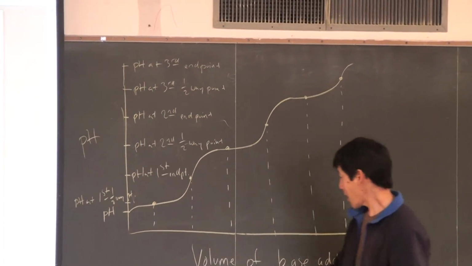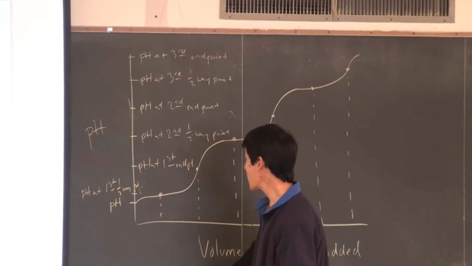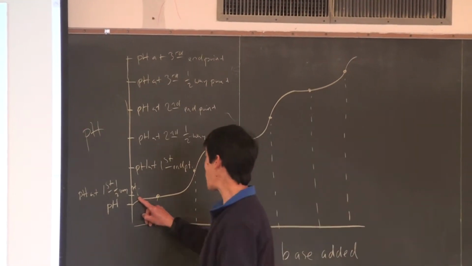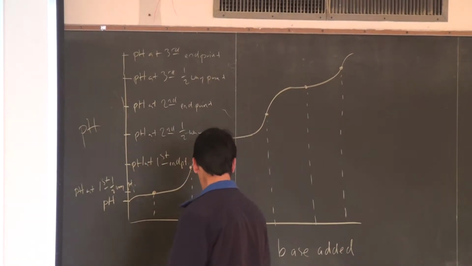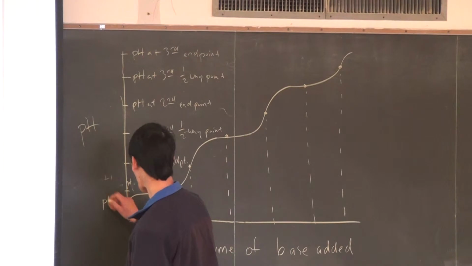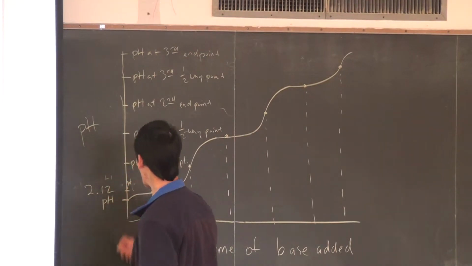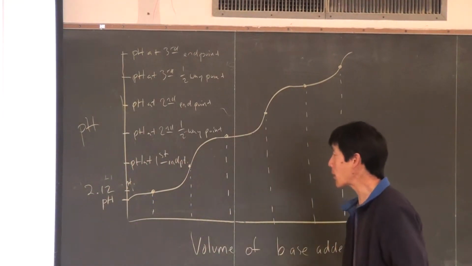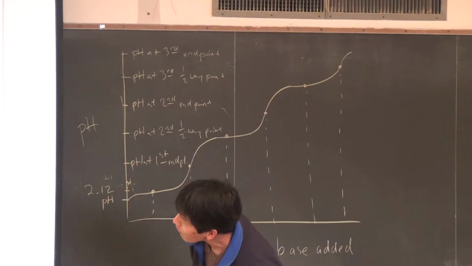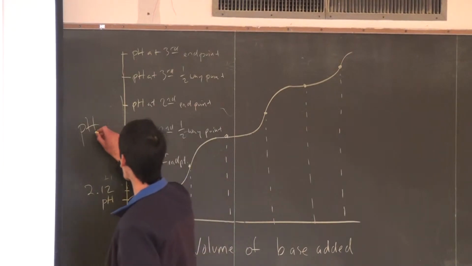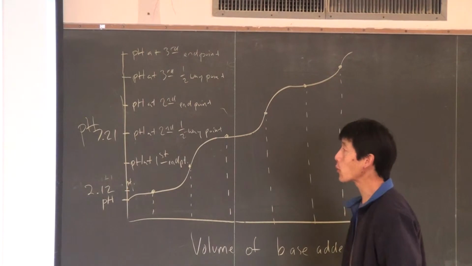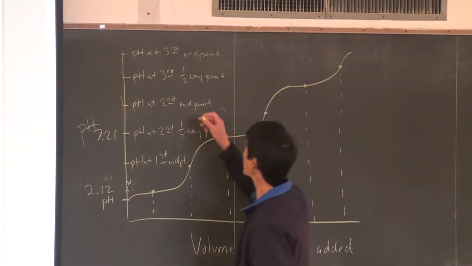At the first halfway point, the pH is equal to 2.12. At the second halfway point, the pH is equal to 7.21. And at the third halfway point, it is equal to 12.3.